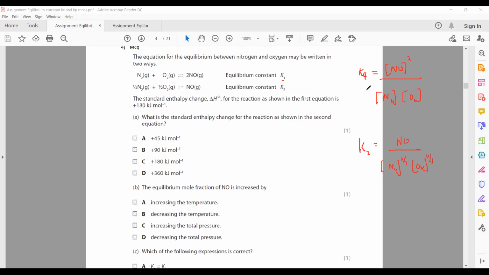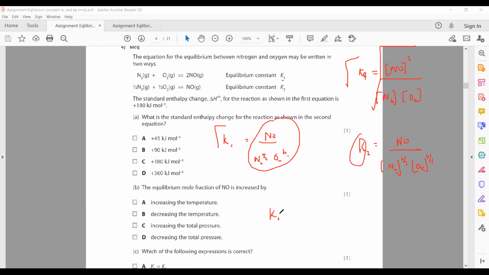So how can I convert this expression into this one? If I take the square root, I can say square root of K1 is equal to NO, because square root and square will cancel, divided by N2 raised to power half and O2 raised to power half. And this is actually equal to K2.